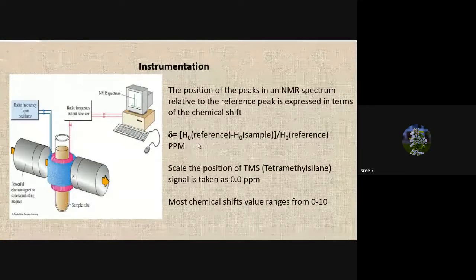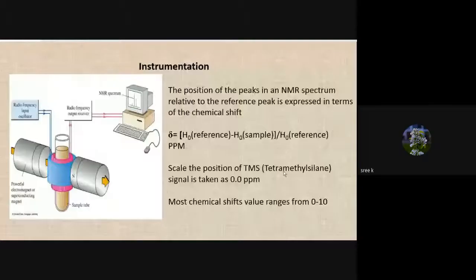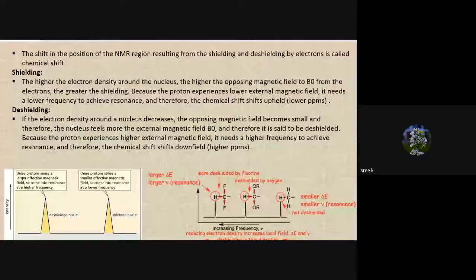So you have a reference and your sample, and you take the difference between the frequency of your sample and the reference, whose signal is taken as 0. The shift in the position of the NMR signal resulting from shielding and de-shielding by electrons is called the chemical shift.